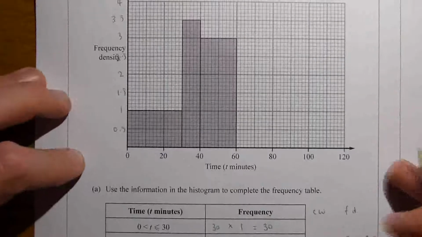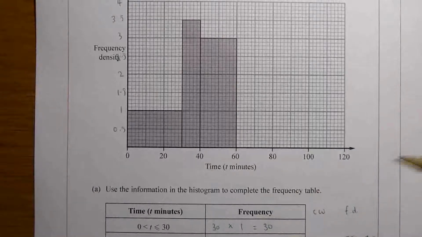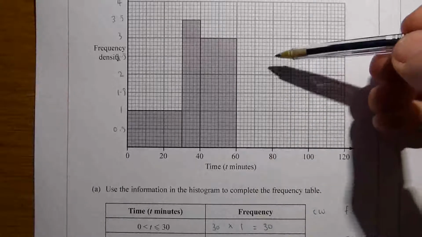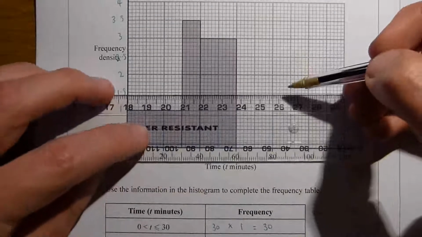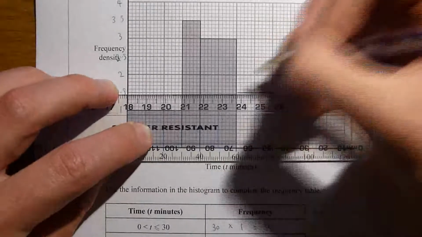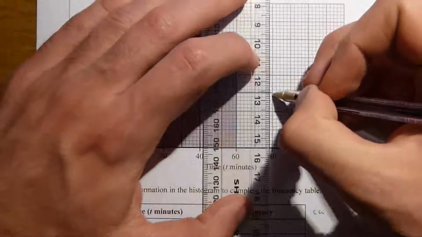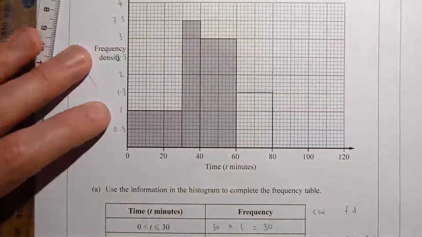So backwards to the histogram now. So that next bar goes from 60 to 80, and we said had a frequency density of 1.5. That's here. Okay.